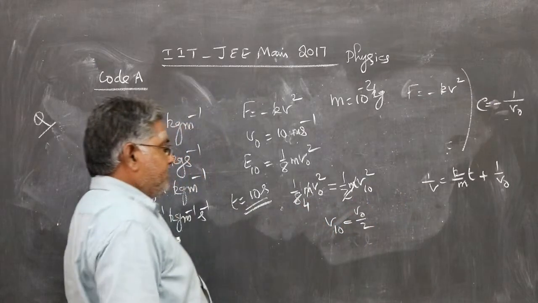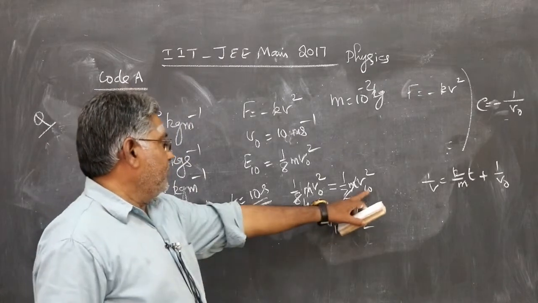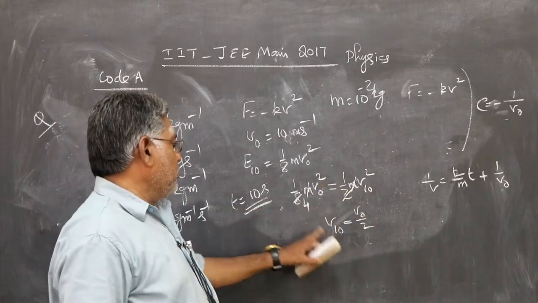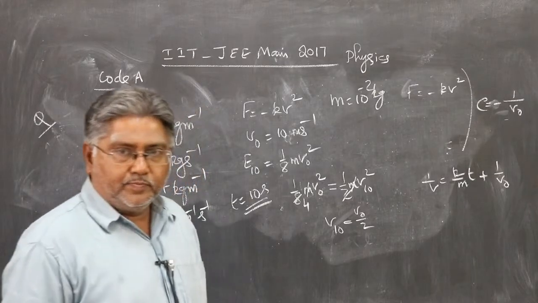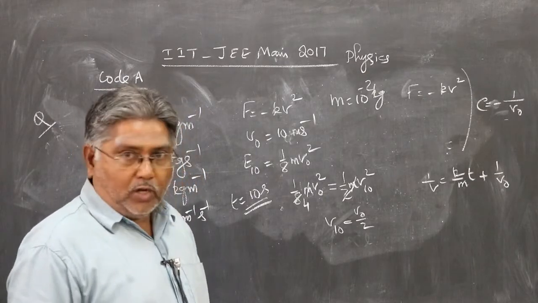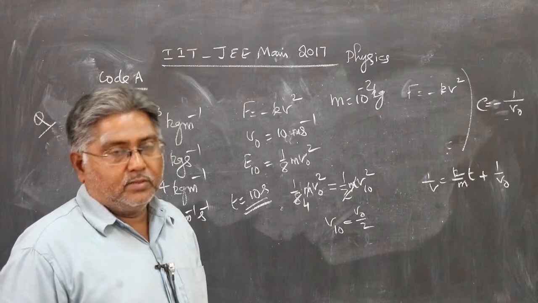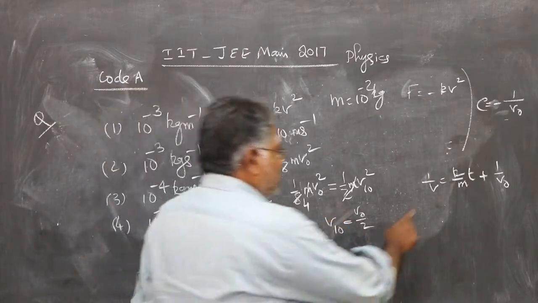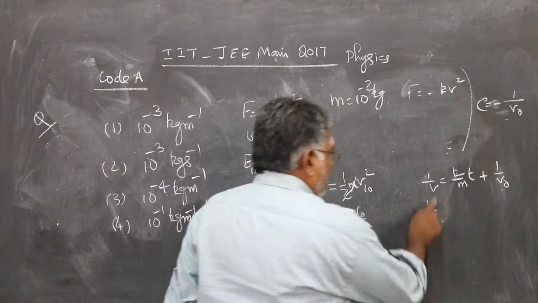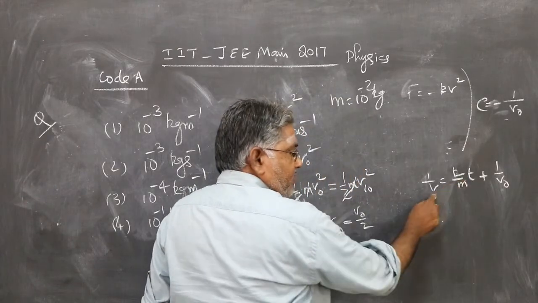Am I right? Square root, V10 square root of this, square root of this, V0 by 2. V10 is V0 by 2, but V0 is of course 10. Okay, now substitute. This is 1 by V10, that is velocity at the end of 10 seconds.